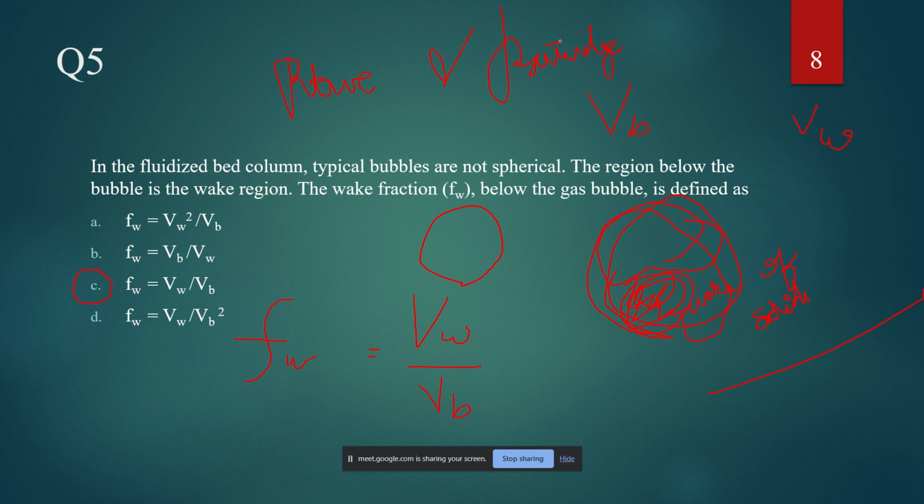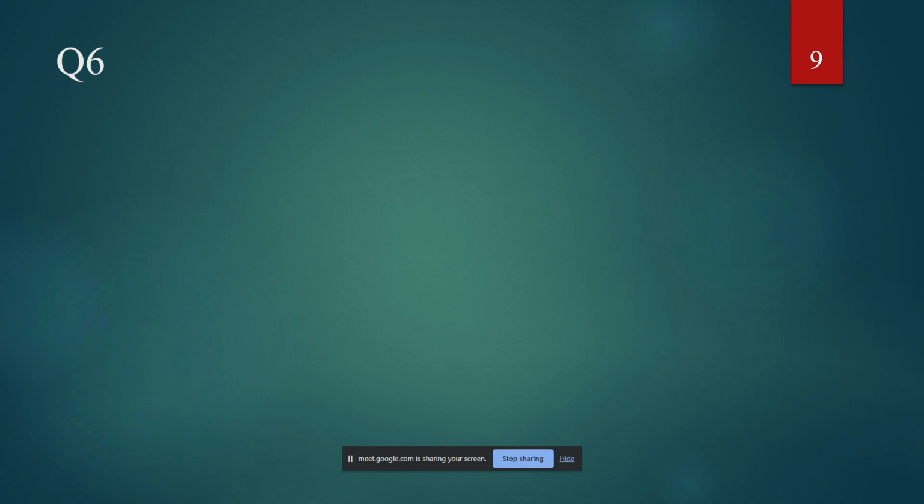With that wake, the bubble forms a spherical shape. So the wake fraction is the volume of wake by the volume of bubble, given by Vw by Vb. Fw is equal to Vw by Vb, so the answer is option C. I hope this is clear.